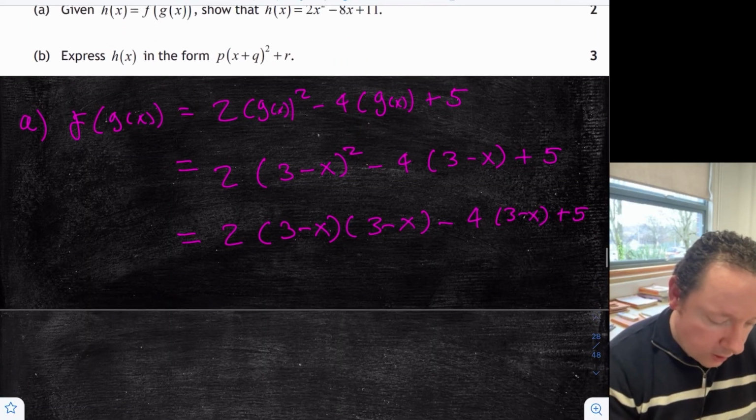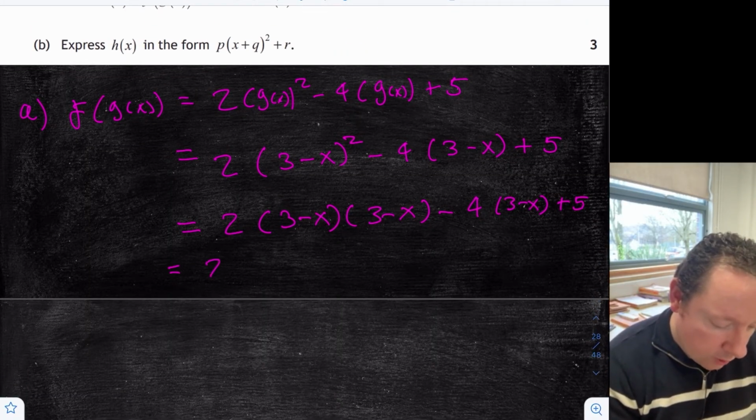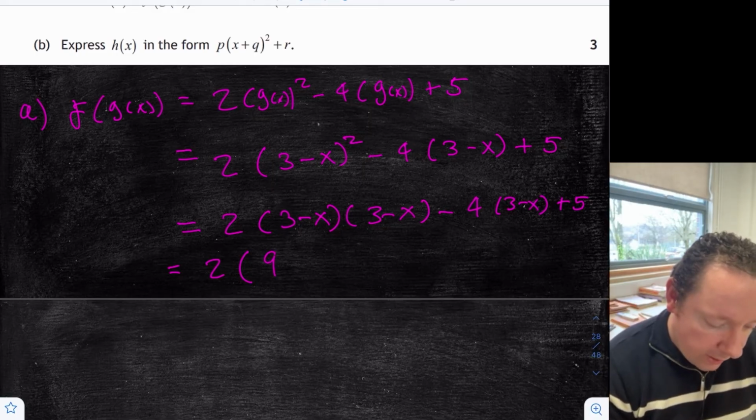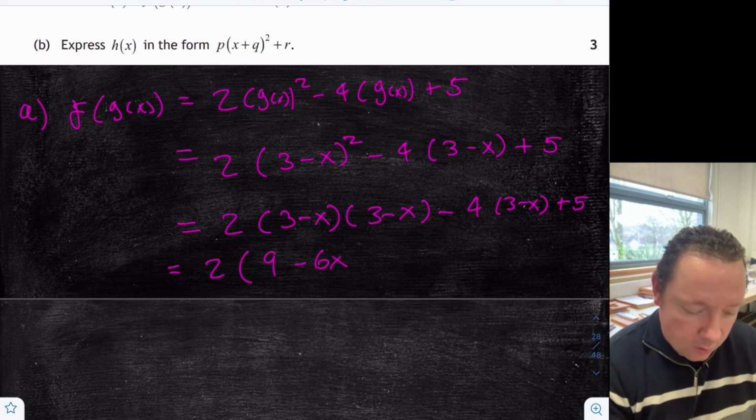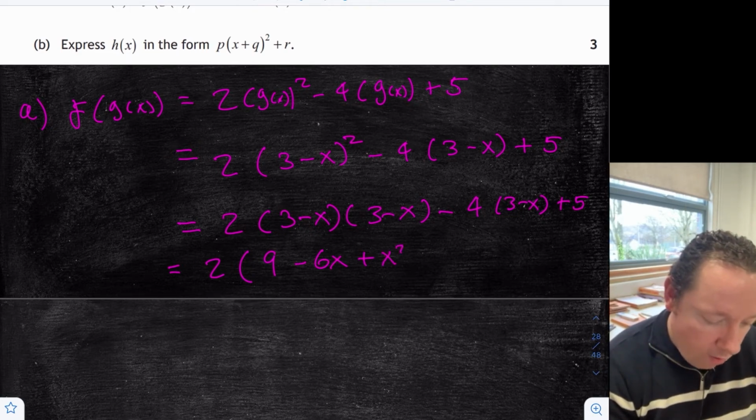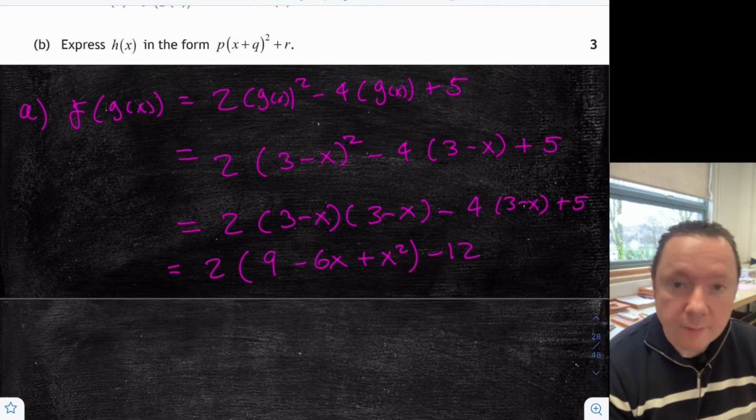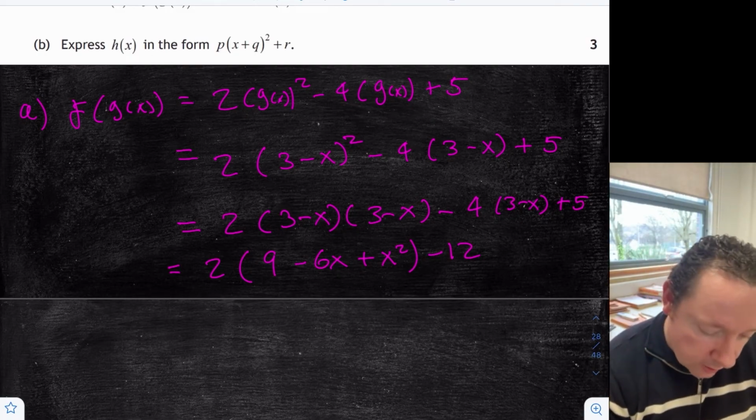Dealing with all of these brackets, we get 2 times, well, we've got 3 times 3 is 9, minus 3x minus 3x is minus 6x, and minus times a minus is a plus, so plus x squared. Minus 4 times 3 is minus 12, minus 4 times minus x is plus 4x, and then we've got plus 5 on the end.